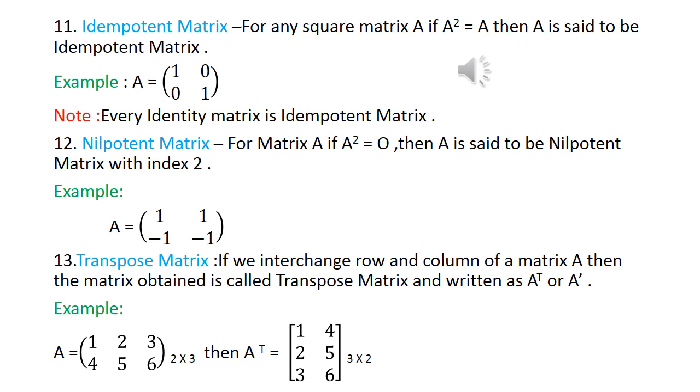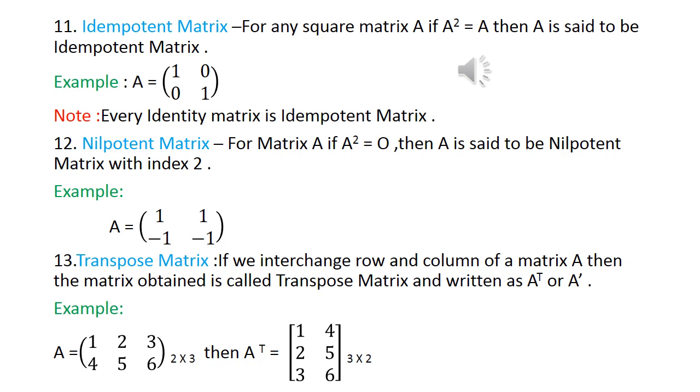Next is an important one, which is transpose matrix. What is a transpose matrix? If we interchange row and column of a matrix A, then the matrix obtained is called a transpose matrix and it is written as A power T or A dash. For example, A is a matrix of order 2 cross 3 whose elements in first row are 1, 2, 3 and second row are 4, 5, 6.